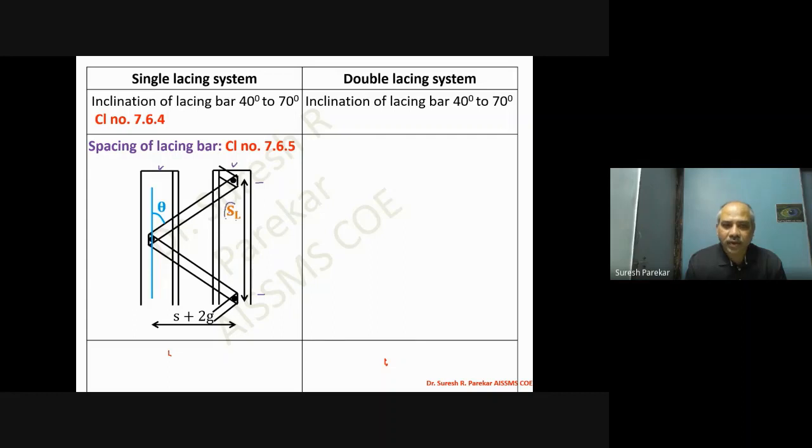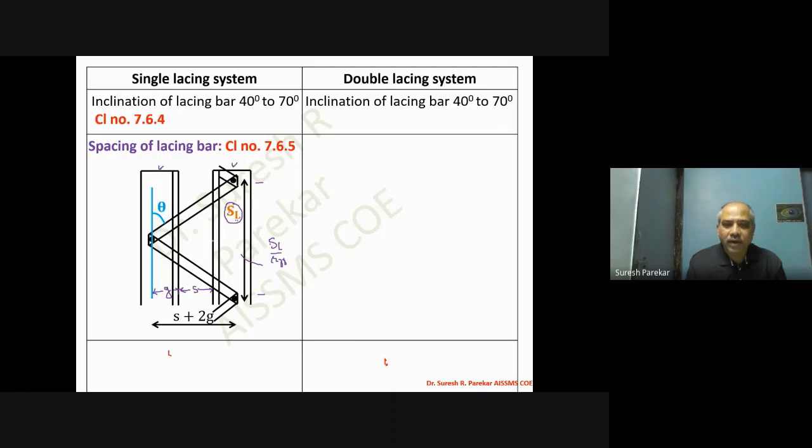So we have to calculate this SL, and SL upon RYY, and this value they say should be 50 or 0.7 into lambda whole, that is the unfavorable value. And SL we can find: we know S plus 2G, as we have spacing between the channels, and G is the gauge distance, this distance. From this we are in a position to calculate the value of SL, and knowing SL, we can find SL upon RYY.